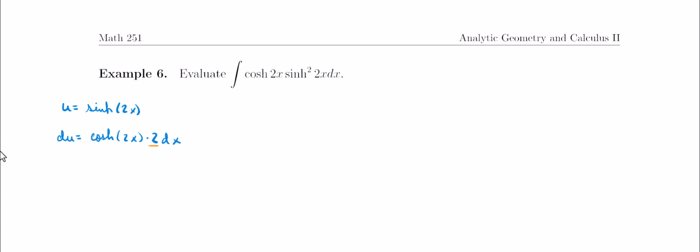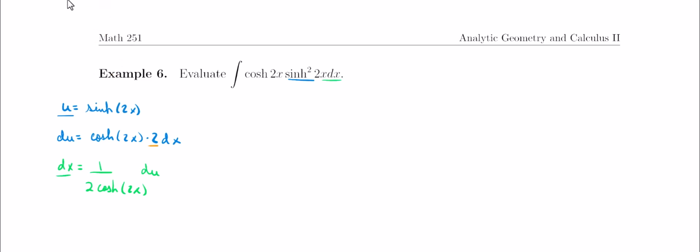So if we solve for the dx, we obtain dx equals 1 over 2 times the cosh of 2x du. So we can now substitute both our u and our dx into the integral to obtain the following.